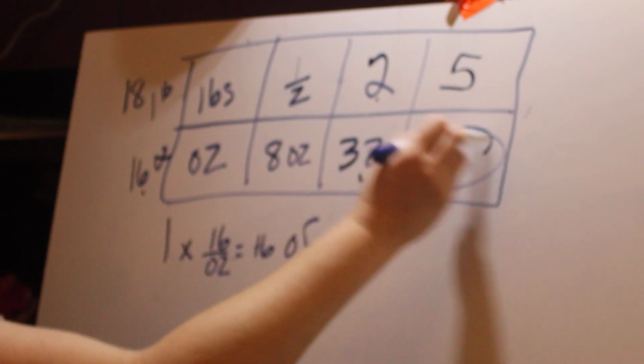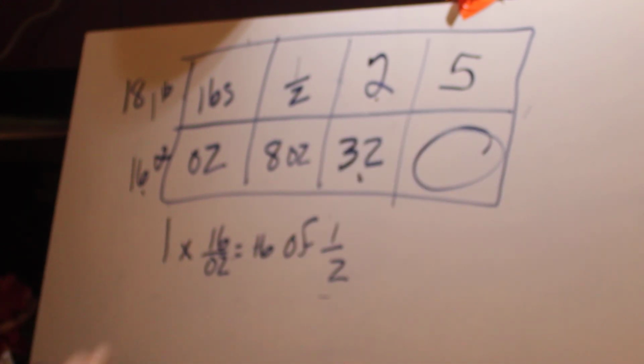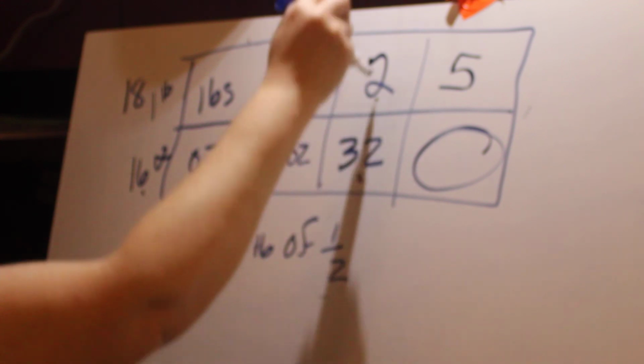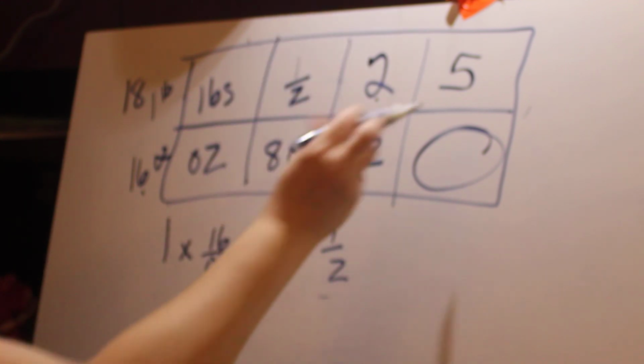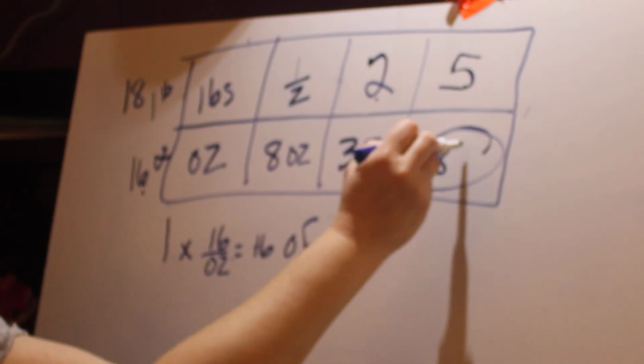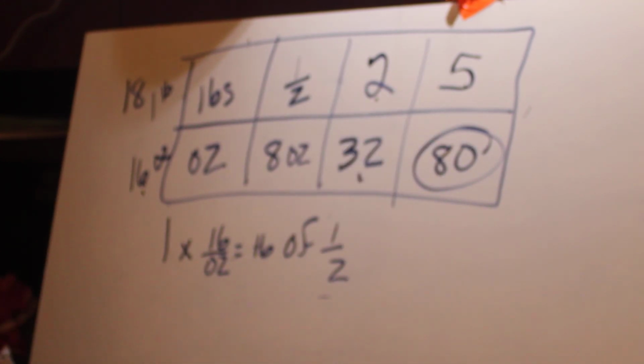Now how do I figure out this last one? Well, if I'm dividing by 16 here, can't I multiply and go the other way? 5 times 16 gives me 80.